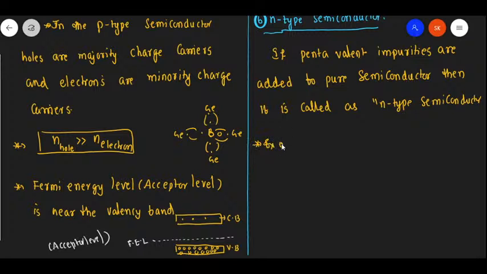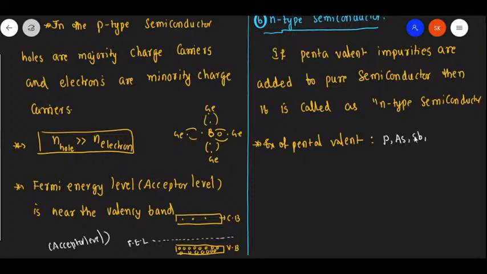Examples of pentavalent impurities are fifth group elements. Can you tell fifth group elements, what are they? Right, phosphorus. Previously I said boron, aluminum, gallium, indium, thallium. And here I will tell: phosphorus, arsenic, antimony, bismuth.